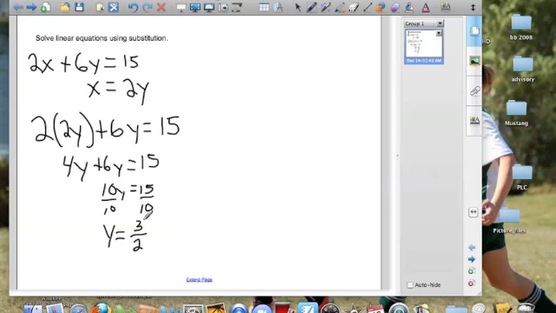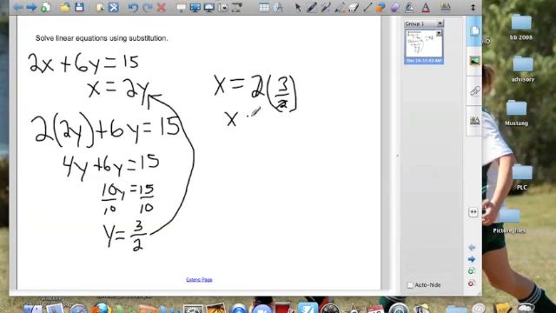Now, again, we take this and substitute it back into the second equation. Take this 3/2 and substitute it in right here. So we got x is equal to 2 times 3 over 2. The 2's cancel, and our x is going to be equal to 3. So our solution is (3, 3/2).